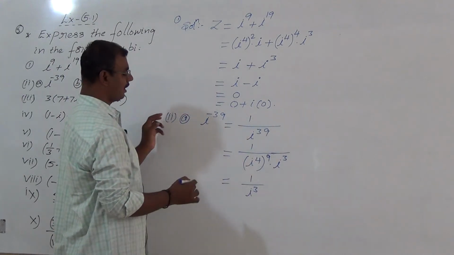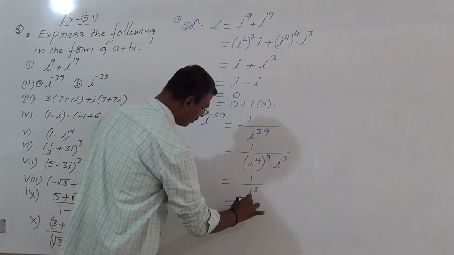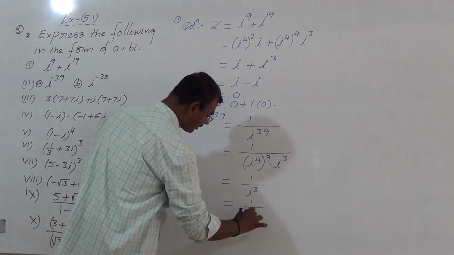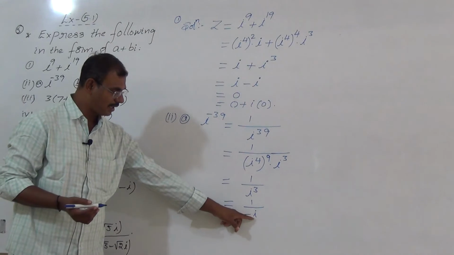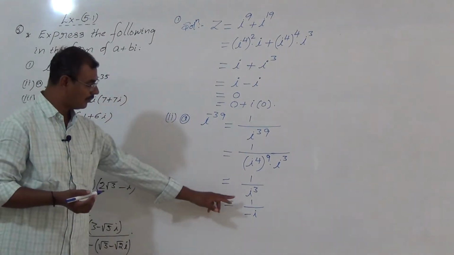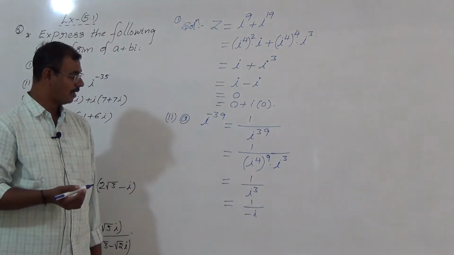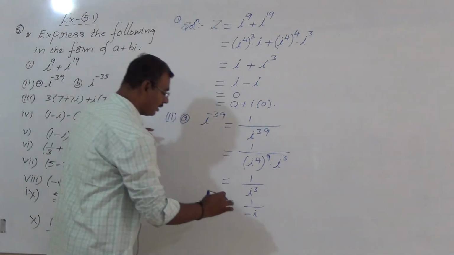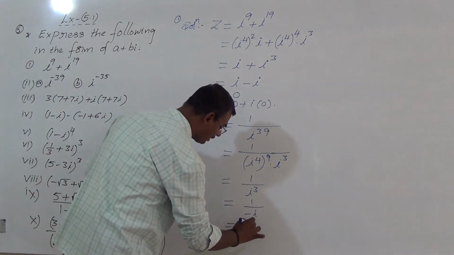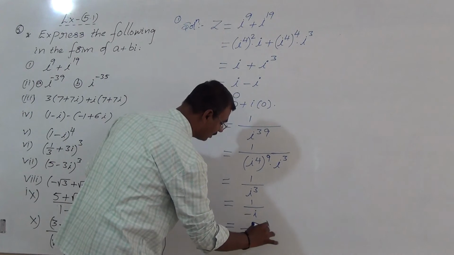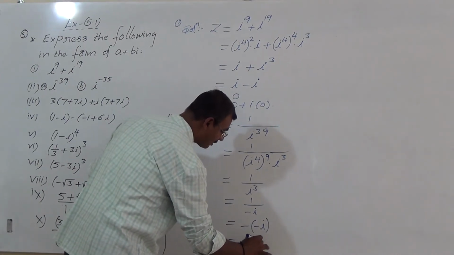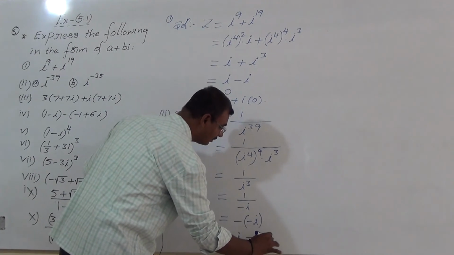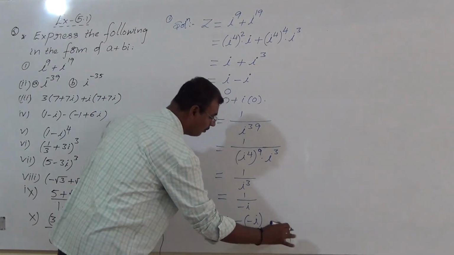We know that I raised to 3 value is minus iota, so 1 upon minus iota. We know the value from the first video: 1 upon iota is equal to minus iota. So this is equal to iota. This can be written as 0 plus iota into 1.